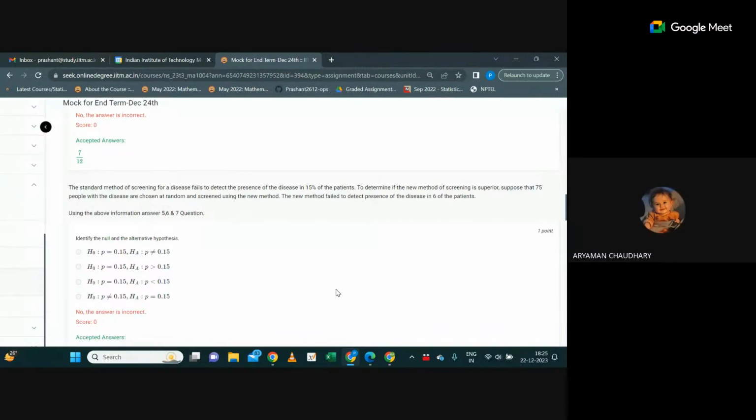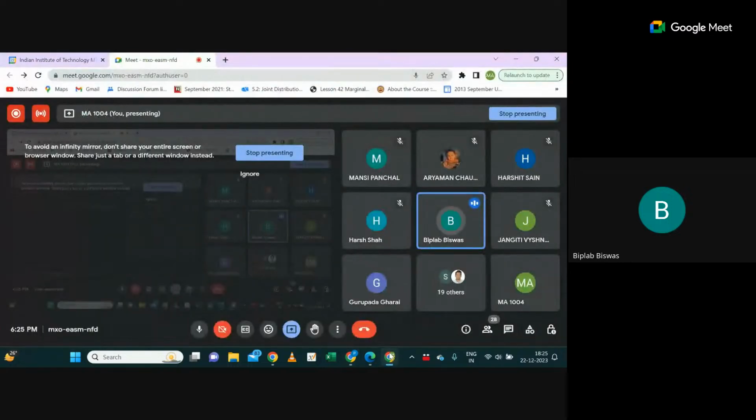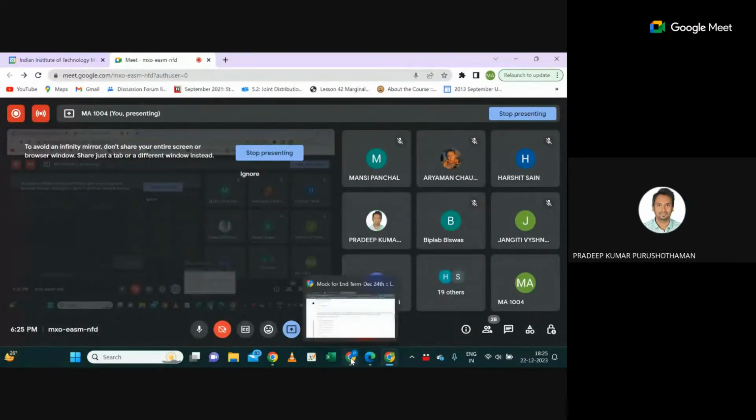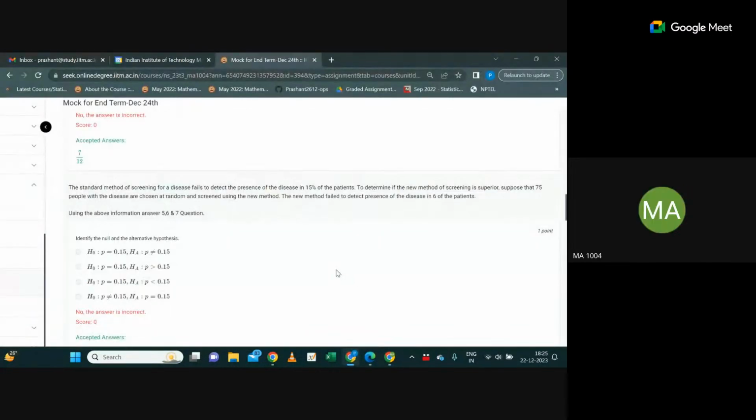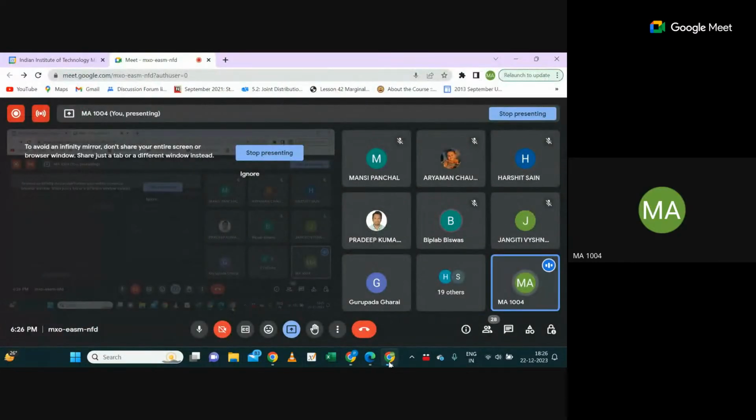15% of the patients failed to detect the presence of disease. Actually, I went with the second option, but I found this to be wrong. And the third option is correct. Because it is superior, I thought it would be greater than. Those who chose the third option, why did you select it?